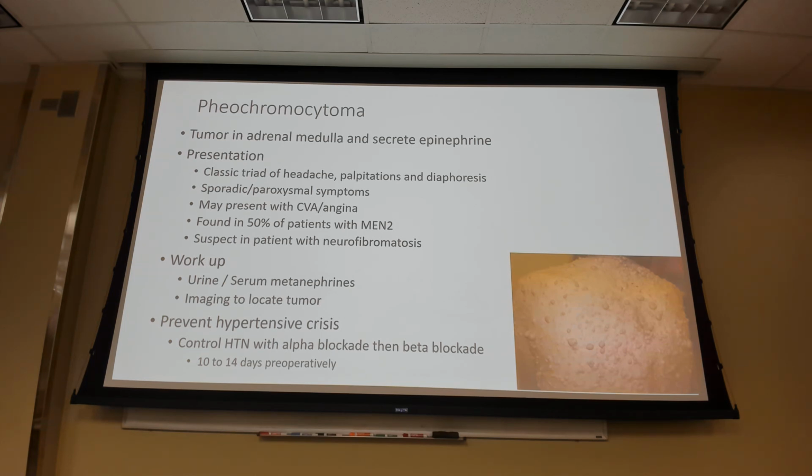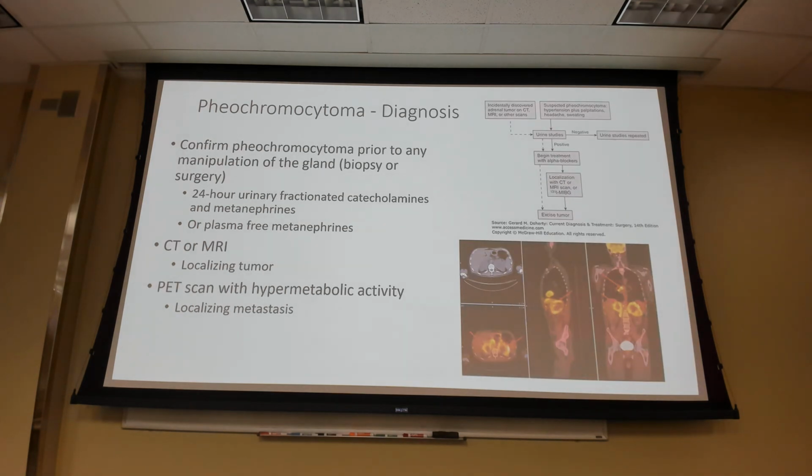So you're going to have vasoconstrictive activity leading to severe hypertension. So we don't want to start with a beta blockade like we might do in other cases, like with hyperthyroidism or thyroid storm. In a patient with a pheochromocytoma, we have to start with an alpha blockade, followed by the beta blockade.